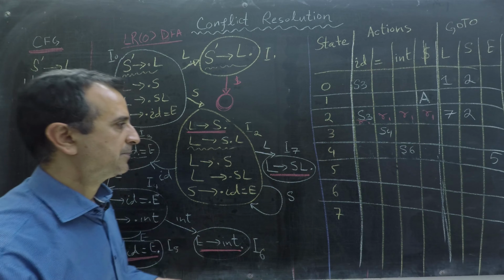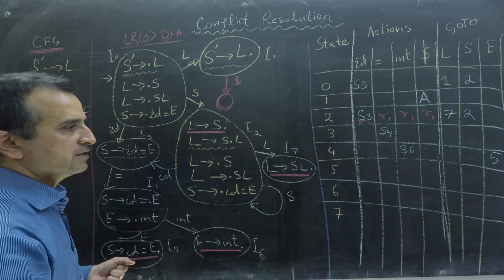So we can say that this grammar is not an LR0 grammar, but we will still continue and fill this table quickly. For this, which is R2, I have to add here R2, R2, R2 and R2. Done with this. For this, which is R4, I have to add R4, R4, R4 and R4.